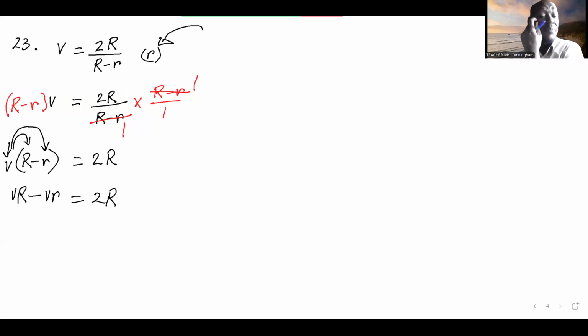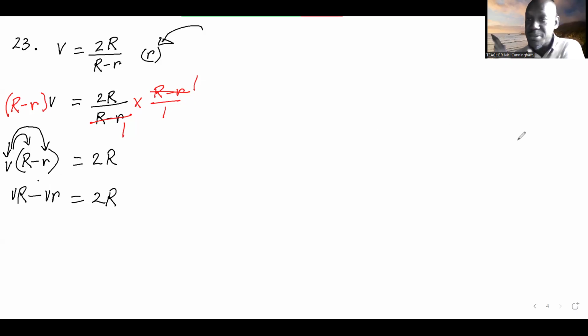So here what I'm going to do, watch this carefully. The next key point. The first key point was making sure that you multiply V by capital R minus common R. Your next key point, watch this, people, this is really important.